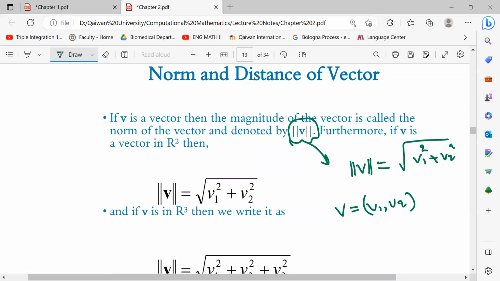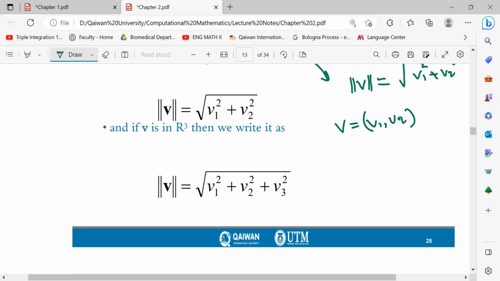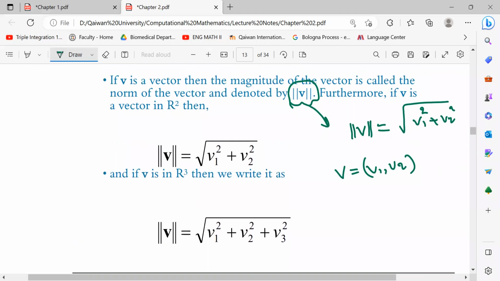But if you have three components in R3, it's v1 squared plus v2 squared plus v3 squared. It's the sum of squares of all components. It's the length, norm, or magnitude of a vector.